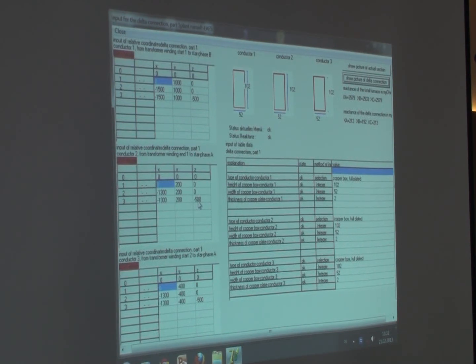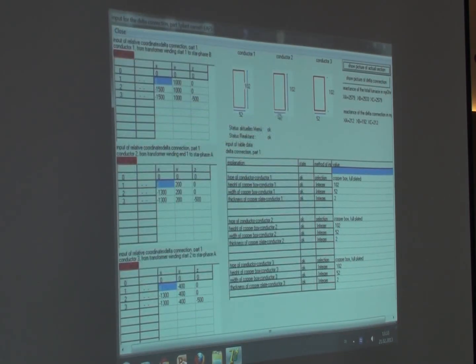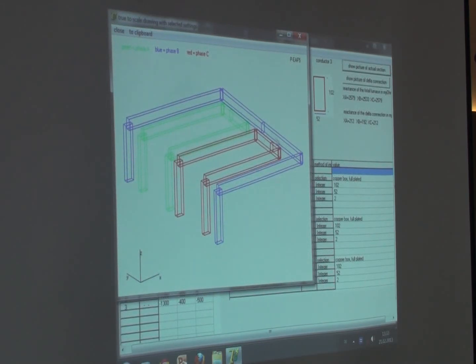In the third step, 500 millimeters down. This is the construction of the middle phase. If we say that there is a symmetrical solution, we have also given this step, this step. In all cases, we can say this is a symmetrical solution to this axis.